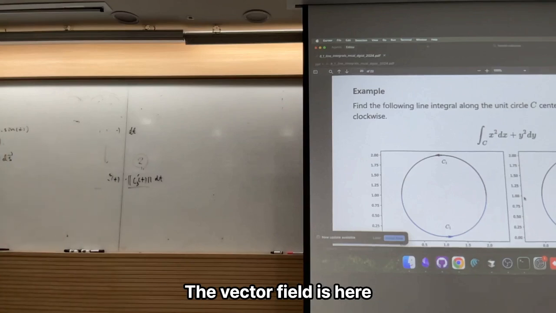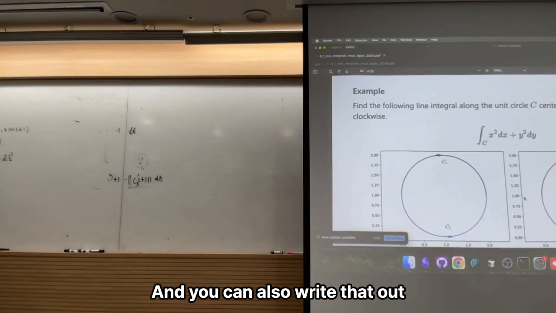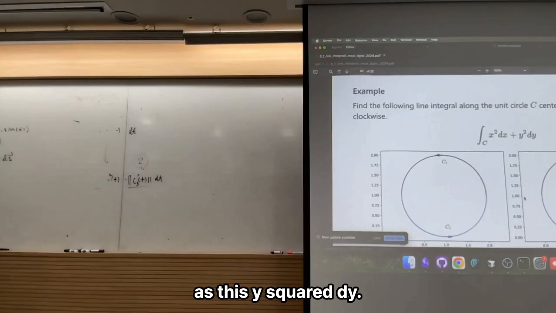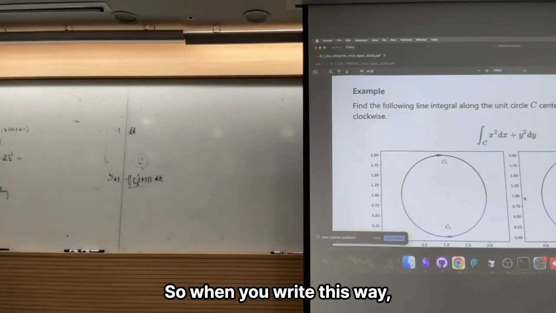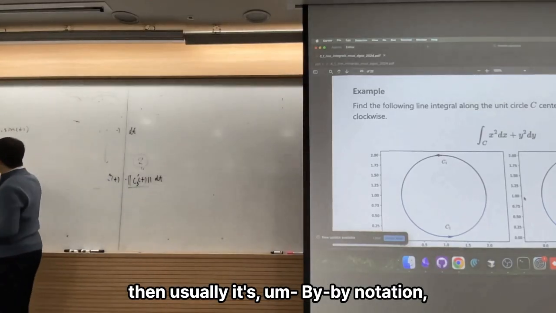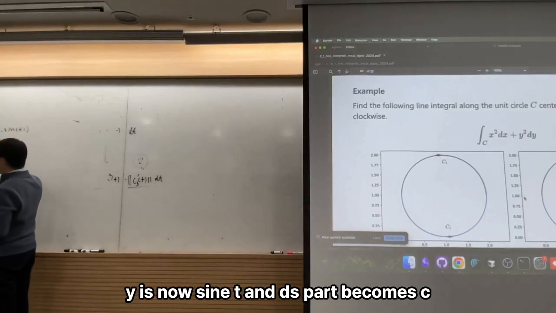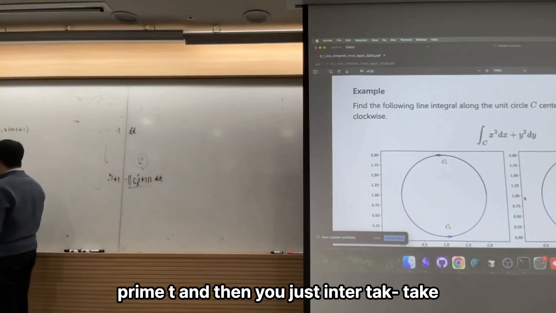The vector field is here, and this is our notation. You can also write that out as x squared dx plus y squared dy. When you write it this way, by notation, x is now cosine t and y is now sine t, and the ds part becomes c prime t, and then you take the inner product.